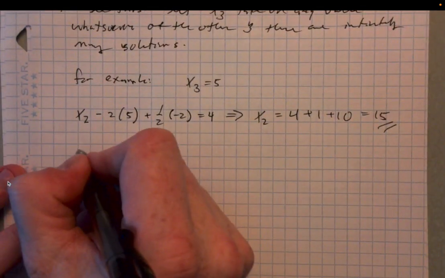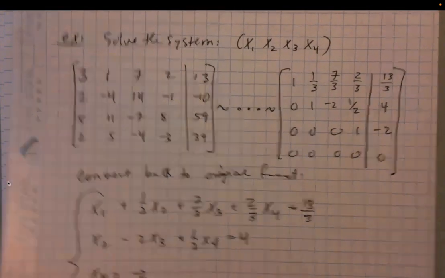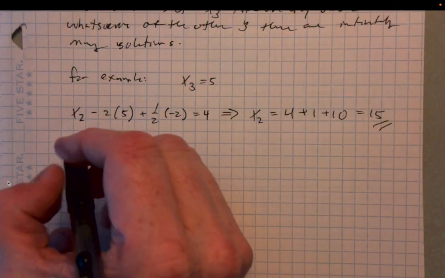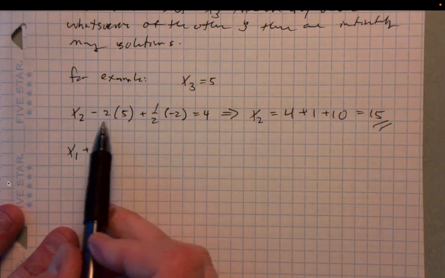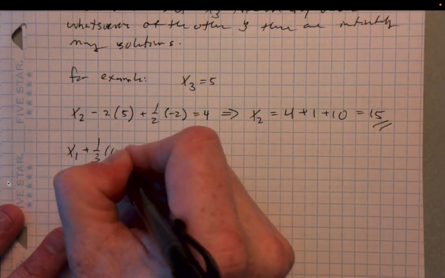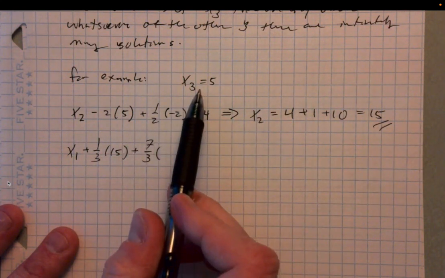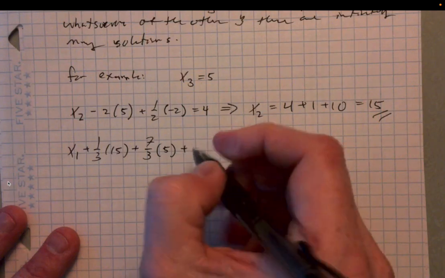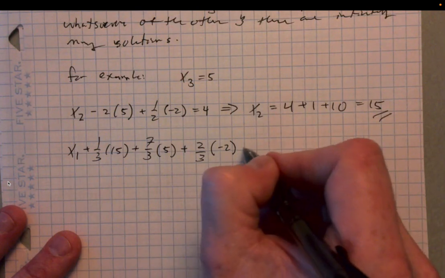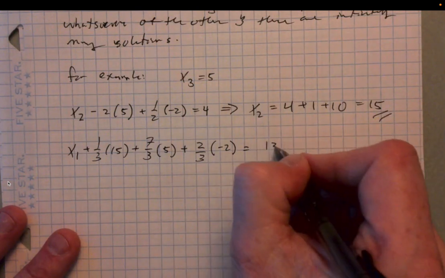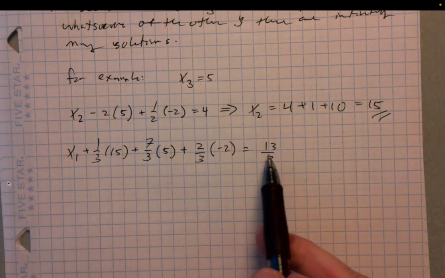Then plugging all of those values into our first equation, we can figure out what x1 is equal to. We get x1 plus 1/3 times x2, which we just found to be 15, plus 7/3 times x3, which we set to 5, plus 2/3 times x4, which is -2, equals 13/3.